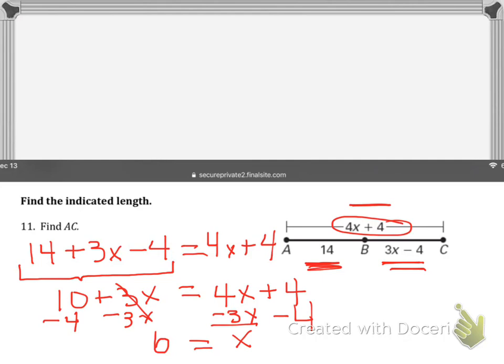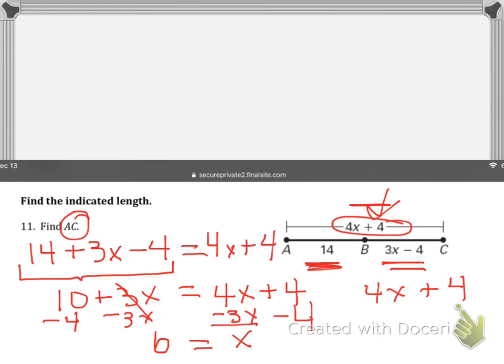They want to know what AC is. AC is this whole big piece right here. Currently, I see that AC equals 4x plus 4. That's an expression with one variable in it, the variable that we just solved.